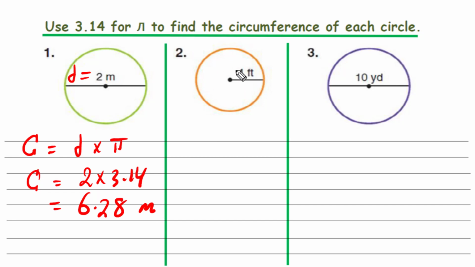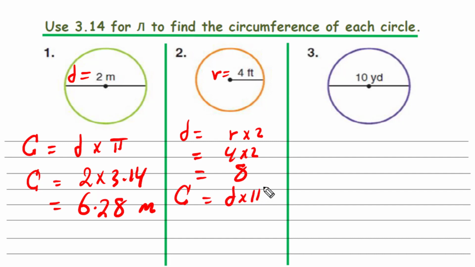Next, the diameter is equal to radius times 2. We don't have the diameter, so you have to find the diameter first. Diameter is equal to radius length times 2. We studied before. So r equals 4. So 4 times 2 equals what? Equals 8. Now we can find the circumference is equal to d times pi. d is equal to 8 times 3.14.